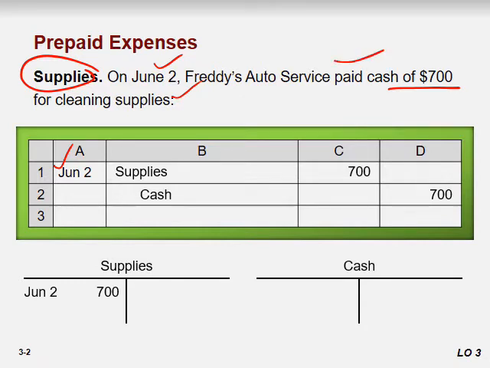Supplies is our asset, supplies increase is a debit, and cash decrease, asset decrease, is a credit, right? You post the entry: supplies are debited 700, and cash is credited 700 on the credit side, right?